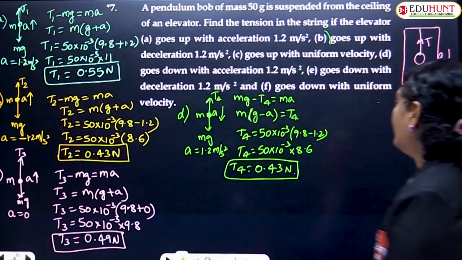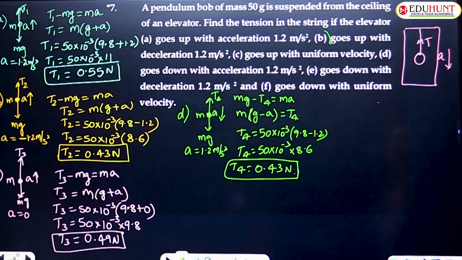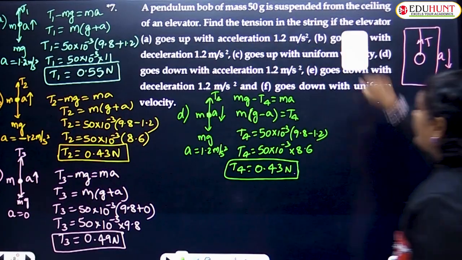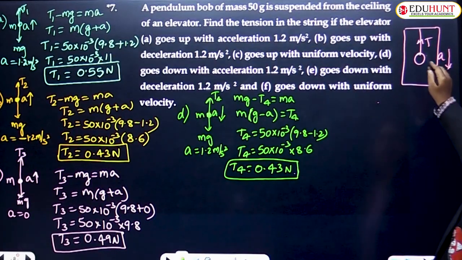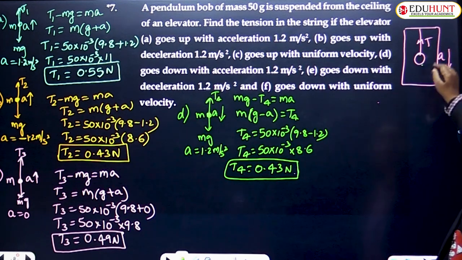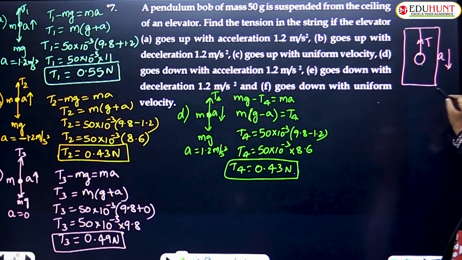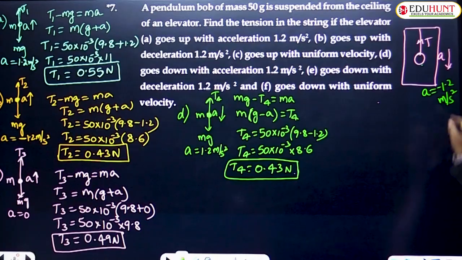So case E, the same lift goes down with a deceleration of 1.2 meter per second square. So the same lift, same bob, tension again, going downwards, but in this case it is given as deceleration. Deceleration means we have to take the value of a as minus 1.2 meter per second square.